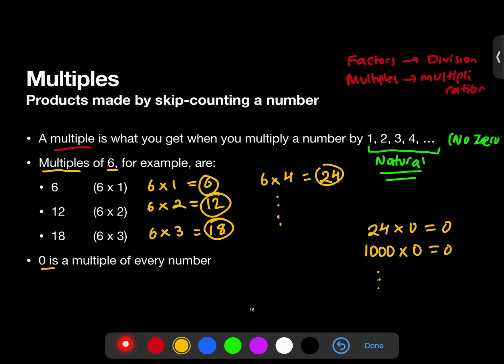So that's why we only test the natural numbers, because we already know that 0 will be a multiple. So is there any questions so far? No, everyone is understanding? Good.